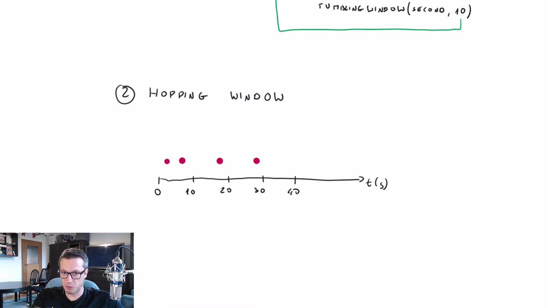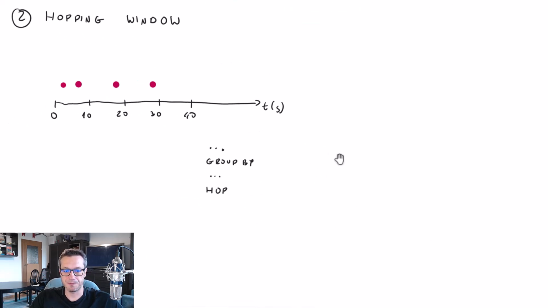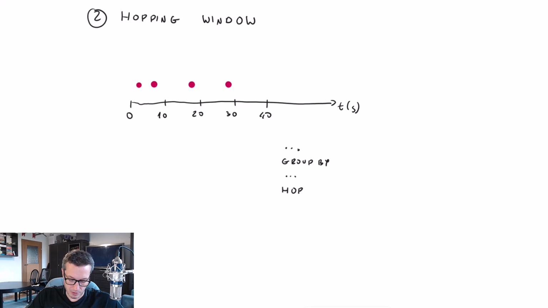So let's say that we would write a query. It would be quite similar to the previous one. It would be something like select from and so on, then group by something like this episode ID, and then instead of Tumbling window, we would use hopping window.